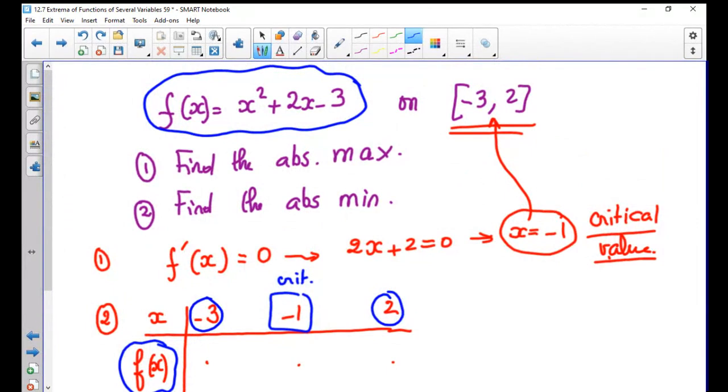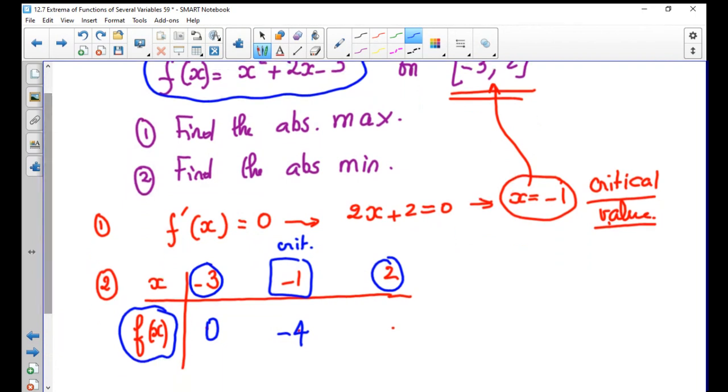You will see by putting -3, you get exactly 0. And then substitute -1 in the function f. You get -4. Some of you already did this. And then at 2, substitute, you will get 5. Now, look at these 3 values.